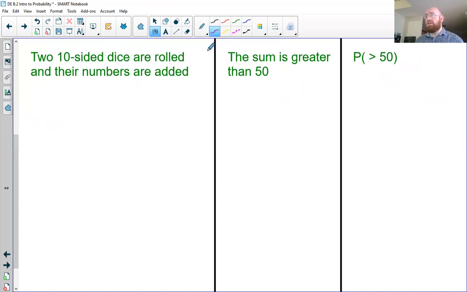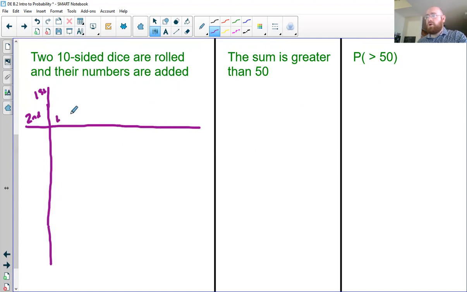How about two dice? Two 10-sided dice are rolled and the numbers are added. So in this case, we have a first die and then a second die, and we need to think of their sum. So we have the numbers 1, 2, 3, 4, 5, 6, 7. I need to go a little bit bigger, or let me just erase some of these.